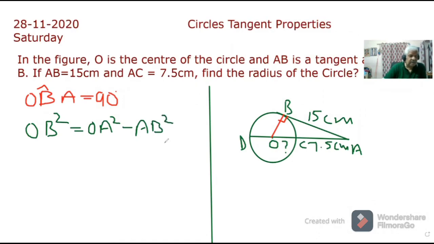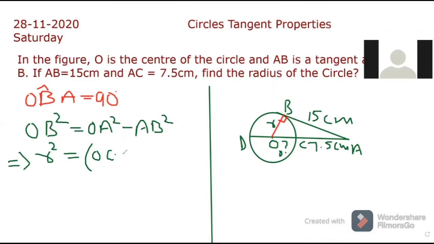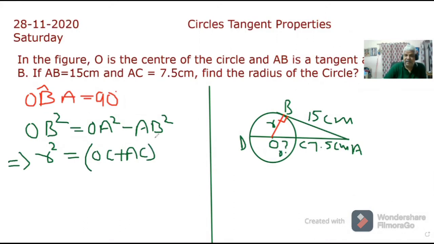Now OB I consider as radius, and OB will always be equal to OC. Therefore, OB square I take as R square, which will be equal to OA square. Observe, dear students, OA can be written as OC plus AC, whole square, minus AB, which is 15 square.